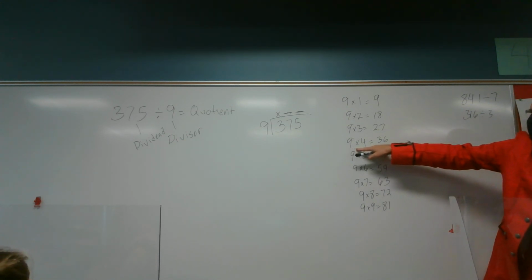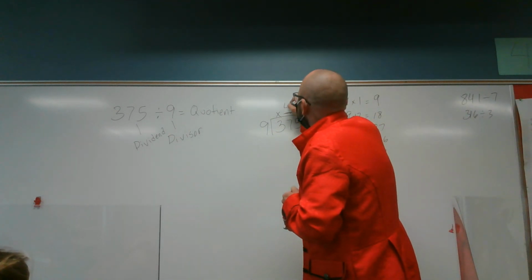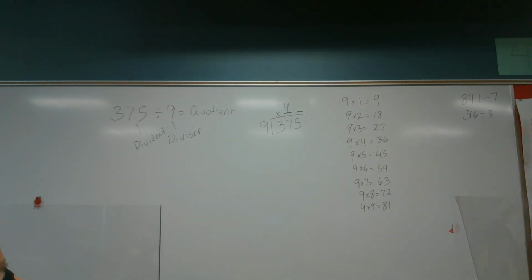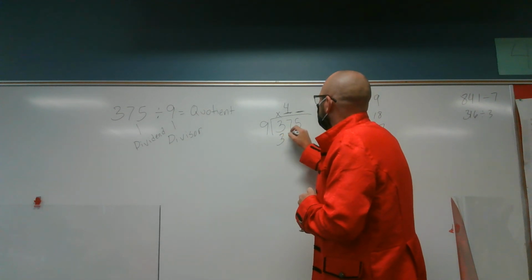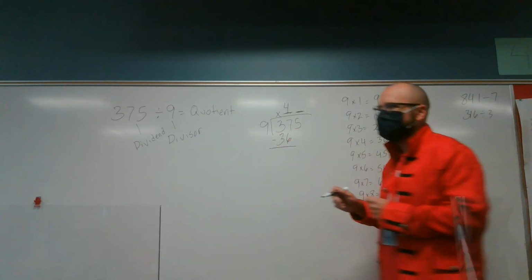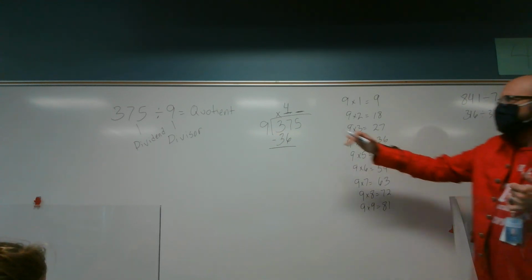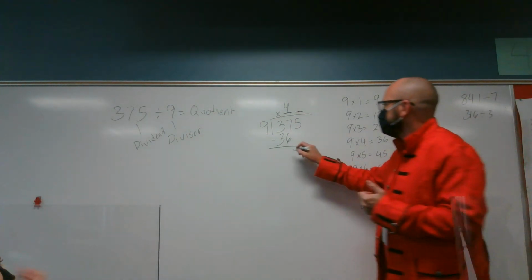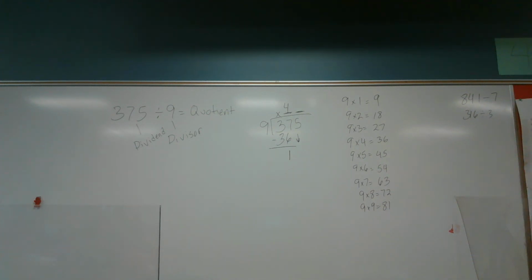So that means 9 times 4 is 36. That means that 4 goes directly above the 7. I've already done my multiplication, so I know 4 times 9 is 36. Now all I have to do is subtract. And 37 minus 36 is 1.